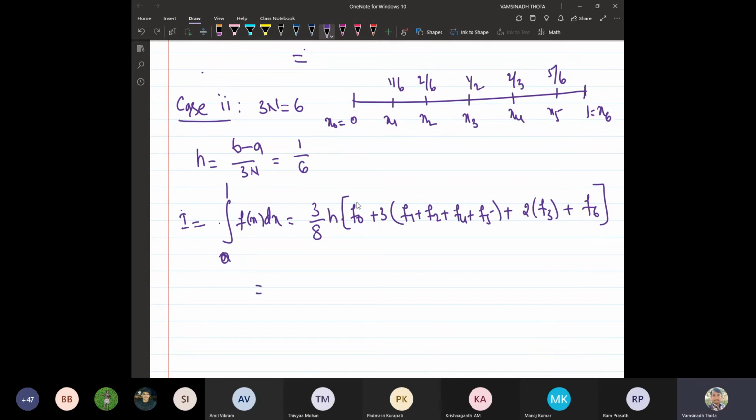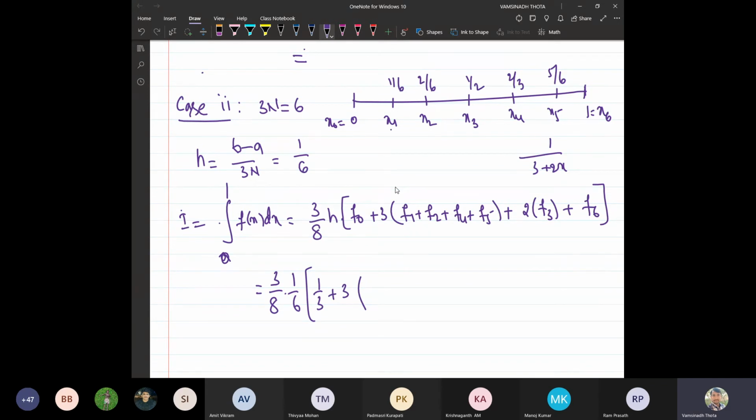So that is 3 by 8 times h, which is 1 by 6, and then f naught. So the value of f at 0. Let me write the function again, 1 by 3 plus 2x. At x equal to 0, it is 1 by 3, plus 3 times f1, the value of f at 1 by 6.